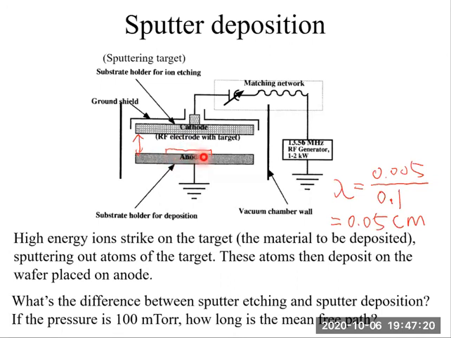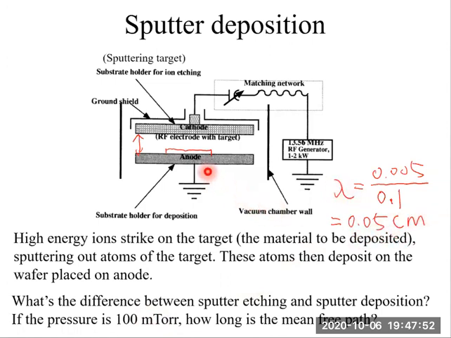Unlike evaporation. For evaporation, the mean free path is very large, 50 meters, much greater than the distance between the target and the wafer. For sputtering, the mean free path is much shorter. Due to the much higher pressure, there are more gas molecules, then there will be more collisions. So the average distance, the mean free path, will be much shorter.